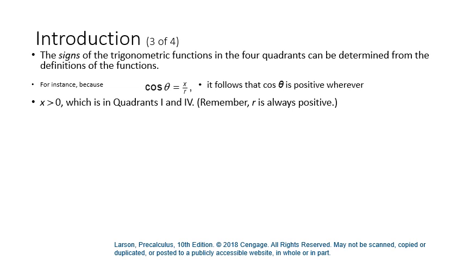So in the different quadrants, we can determine which trig functions will be positive and which will be negative, based on whether the x's and y's are positive or negative. So for example, when x is greater than 0, which is quadrants 1 and 4, that's where cosine is going to be positive.